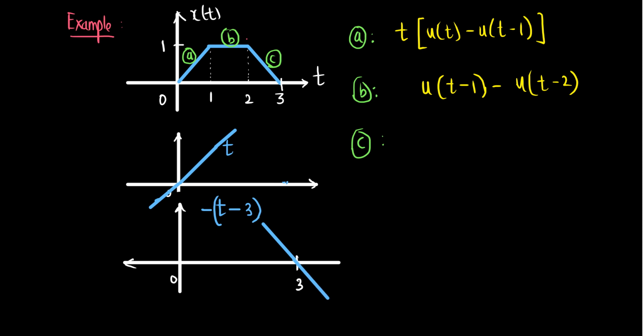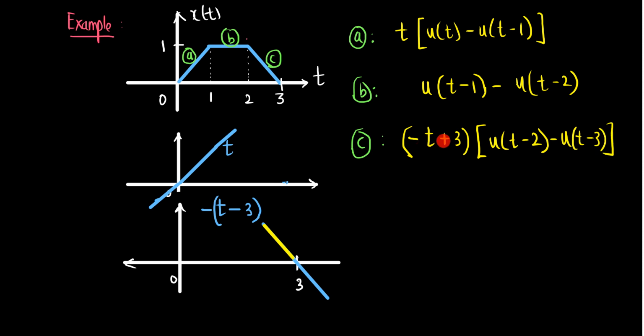In order to obtain only the desired portion of the signal, this signal can be represented as minus of t minus 3. So the equation turns out to be minus t plus 3, the whole being multiplied by u of t minus 2 minus u of t minus 3. Now what is this?